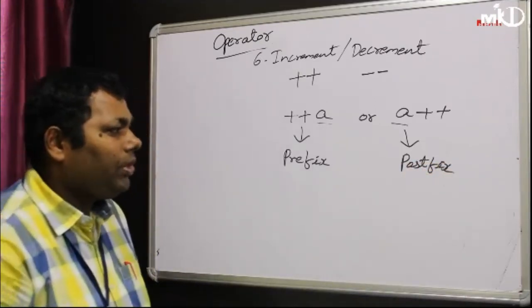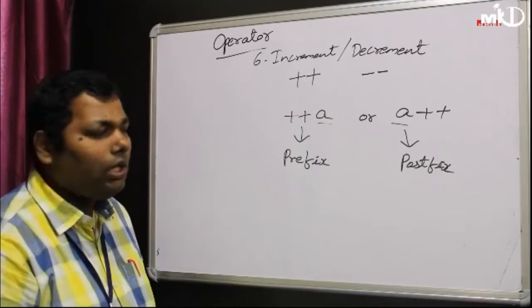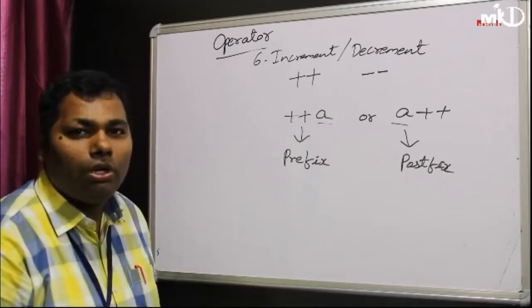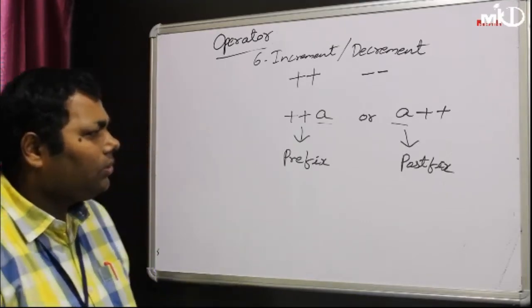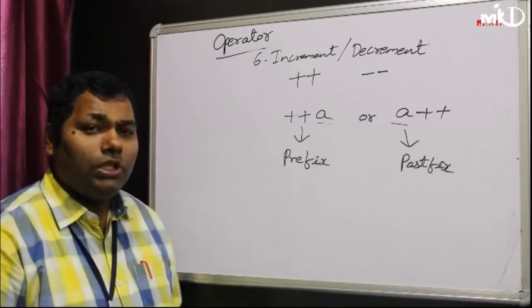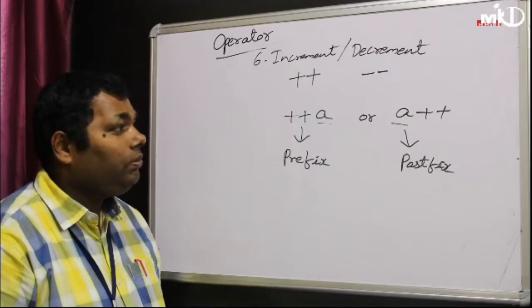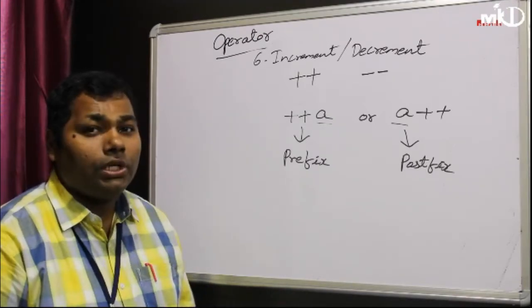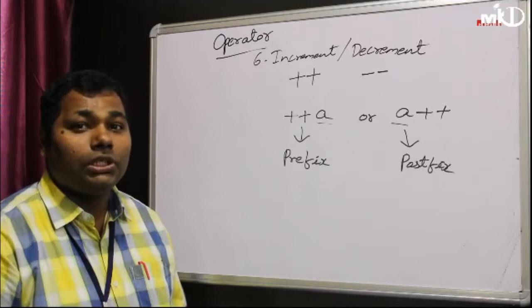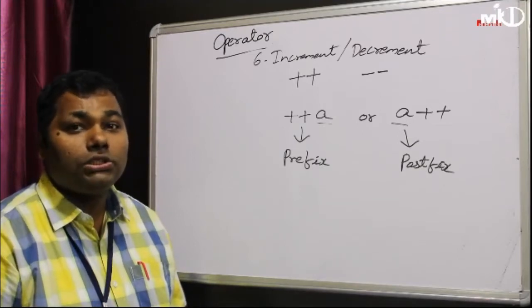Prefix increment or decrement operator, or postfix increment or decrement operator. The meaning is the same: increase the value by 1. But if you write this operator in an expression, then its meaning changes.